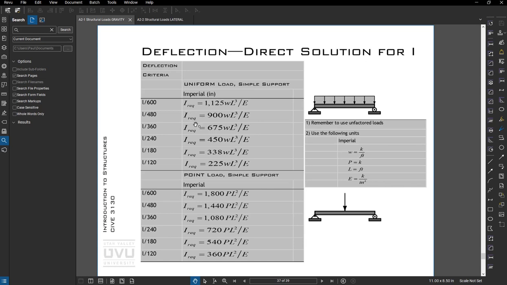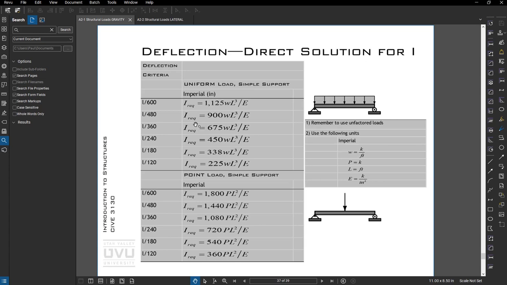In steel design, we do this a lot because beams are typically controlled by deflection, not by strength, at least wide flanges are. So we may start by selecting a beam based on deflection and then check strength later on.